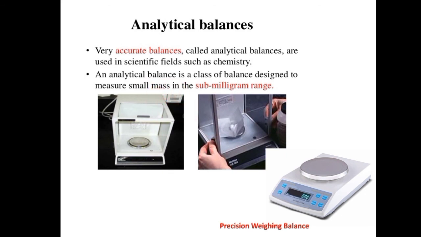Whereas on the other hand, the precision balance typically measures to the nearest 0.1 to 0.01 grams, but has higher capacity. So both the precision and analytical weighing balance can measure capacities from hundreds of grams to kilograms.